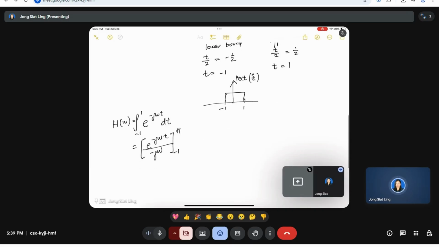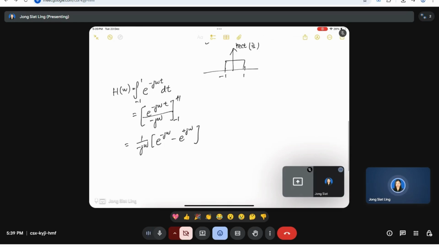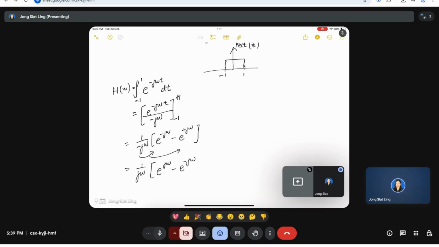If I rewrite, I can write 1 over minus j omega times e to the minus j omega minus e to the positive j omega. I would prefer to multiply this negative through, so I get 1 over positive j omega times e to the j omega minus e to the minus j omega. So this is H(omega).